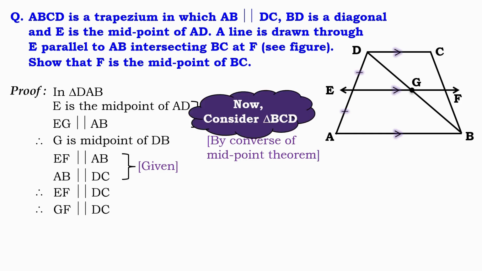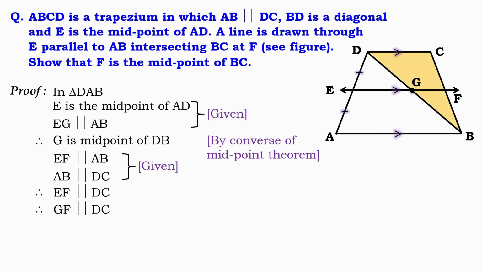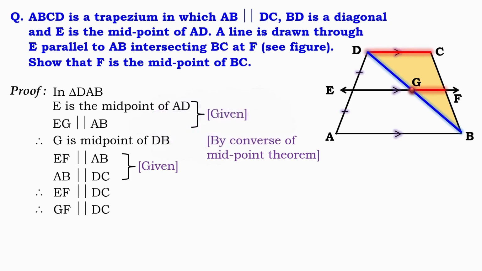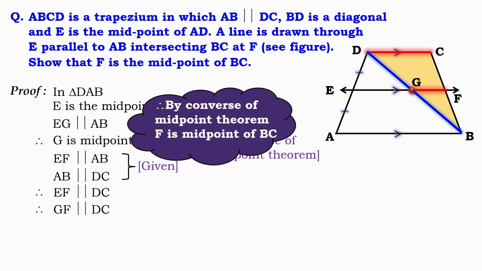Correct. Now, consider the triangle BCD. It is the highlighted one. Okay. Now, G is the midpoint of BD and GF is parallel to DC. So, this we have already proved, that G is the midpoint and GF is parallel to DC. Correct. So, now by converse of midpoint theorem, we can say that F will be the midpoint of BC.